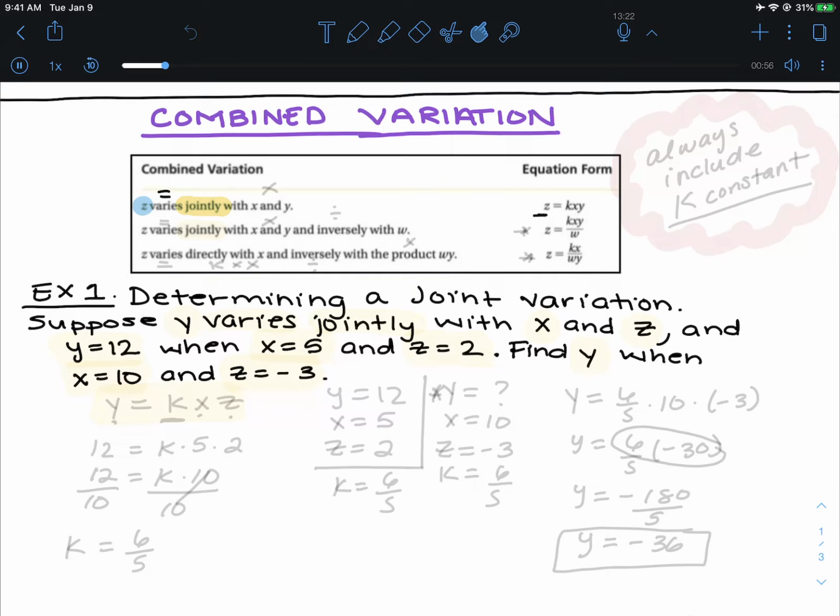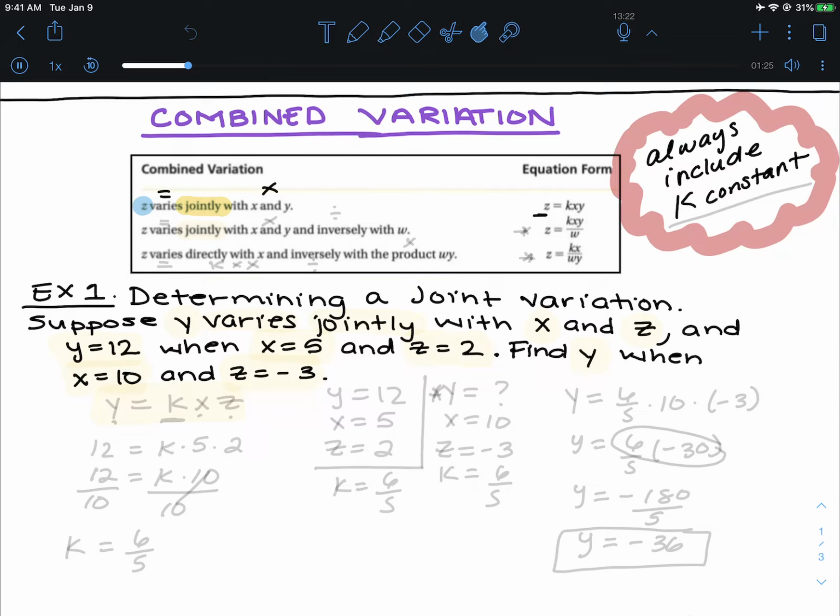So that means X and Y get multiplied with K. You're always going to include the constant K. In every single one of these, you should always include the constant K.